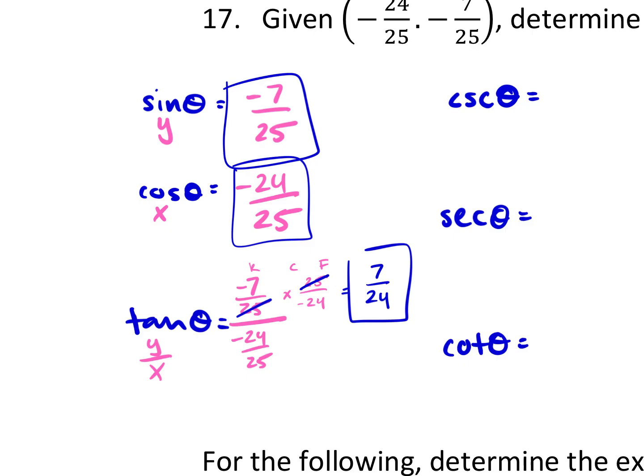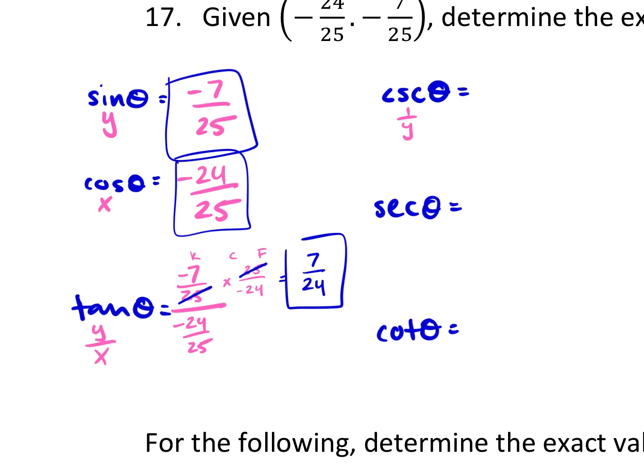Let's find our reciprocal functions now. So cosecant would be 1 over y, or we could just flip sine. What do we get when we flip sine? Awesome, negative 25 over 7. It doesn't matter where the negative is. It could be up top, out front, down with the 7, as long as there is a negative there. What would secant be?